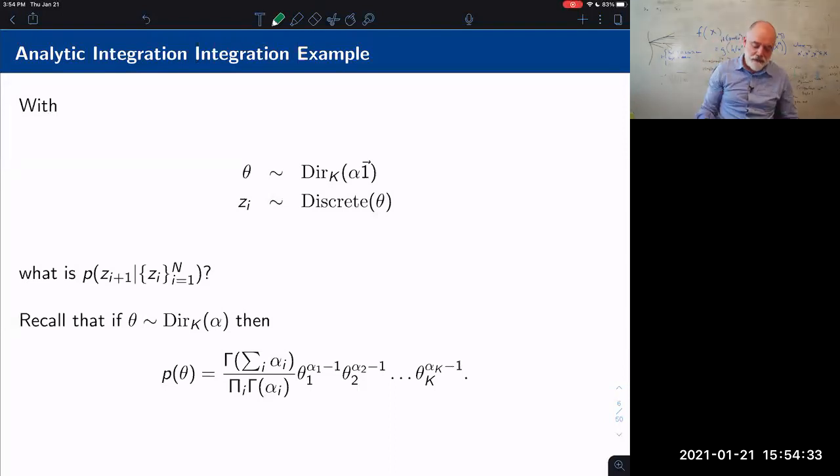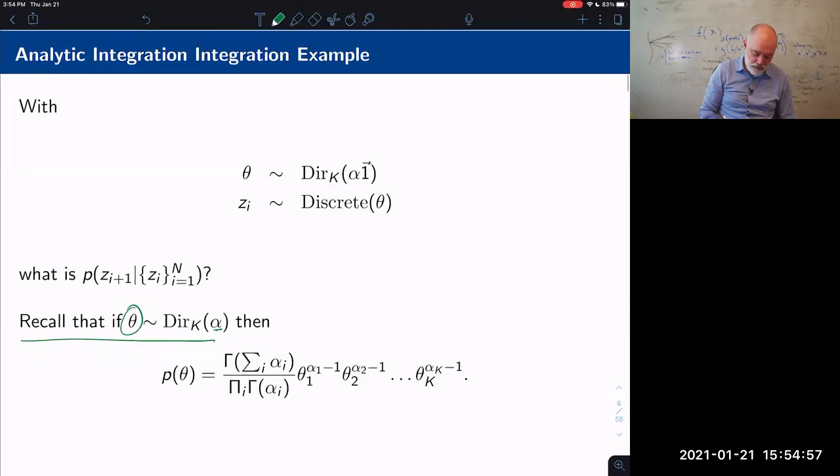Okay, so I've at several points already talked about Dirichlet distributions. Recall that if some vector theta is Dirichlet distributed with some base distribution alpha, then the probability density function governing theta looks like this.